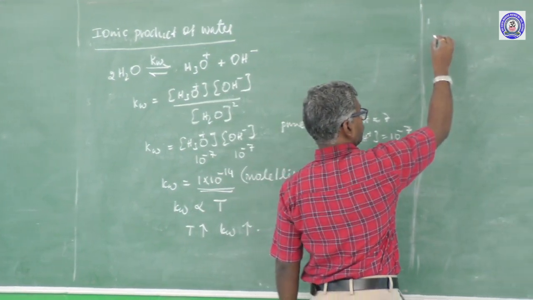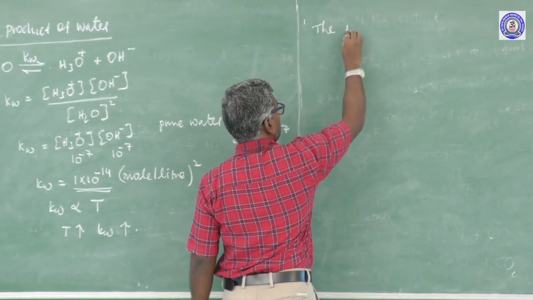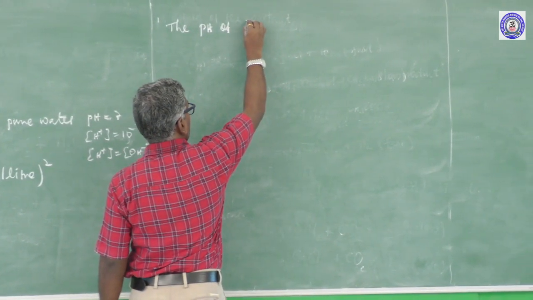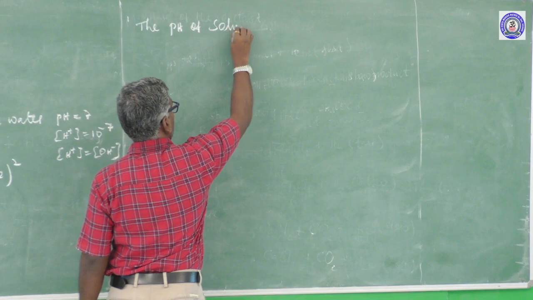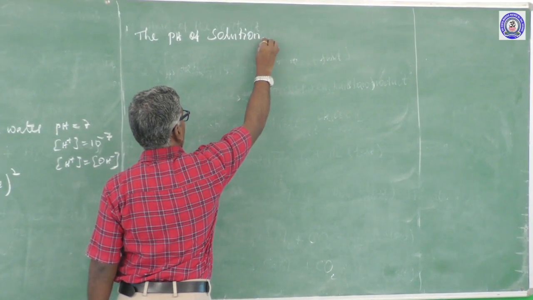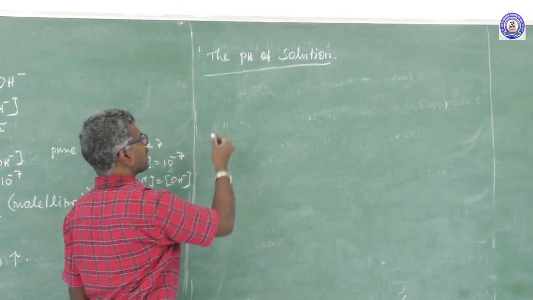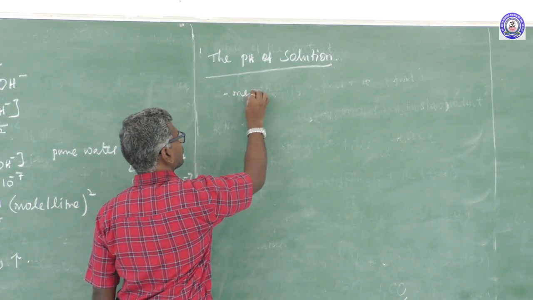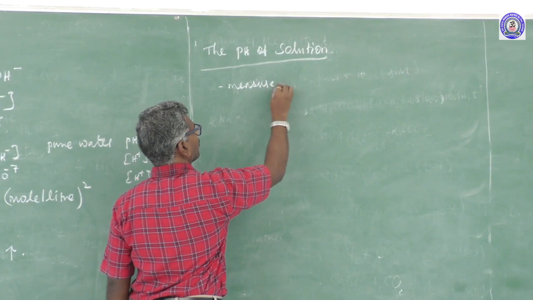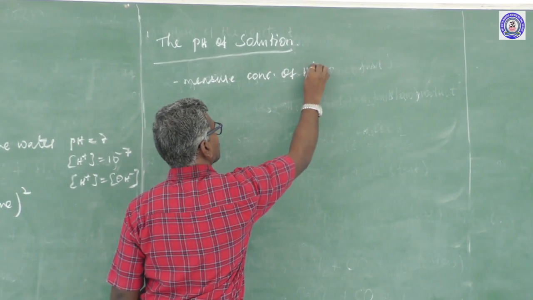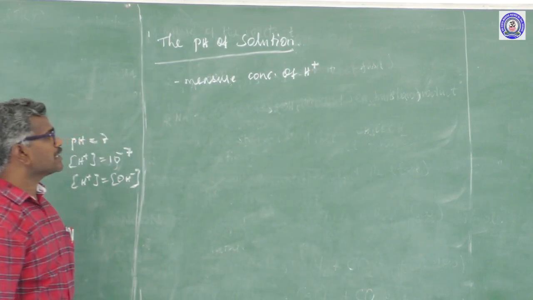Next, the pH of the solution. The pH of the solution is measured from the concentration of hydrogen ion in the solution.